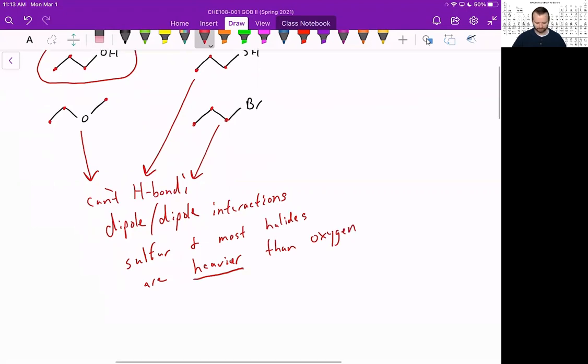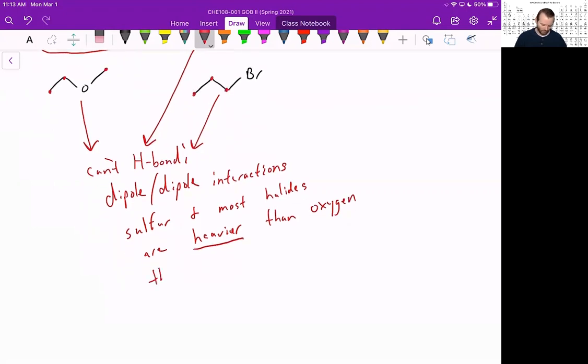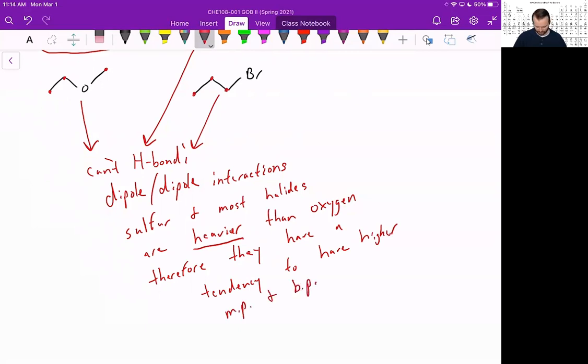Therefore, they have a tendency to have higher melting points and boiling points compared to ethers.